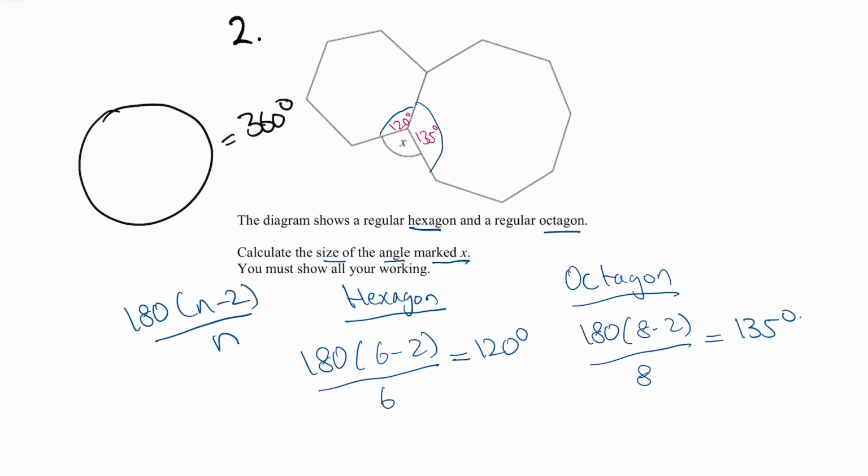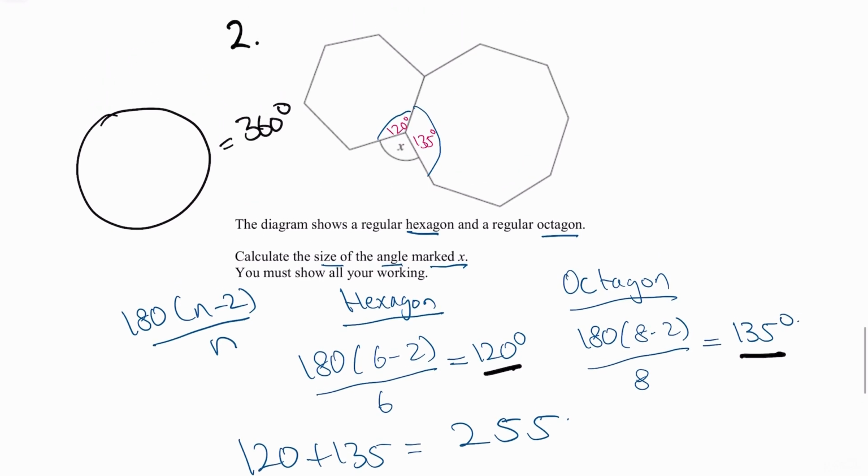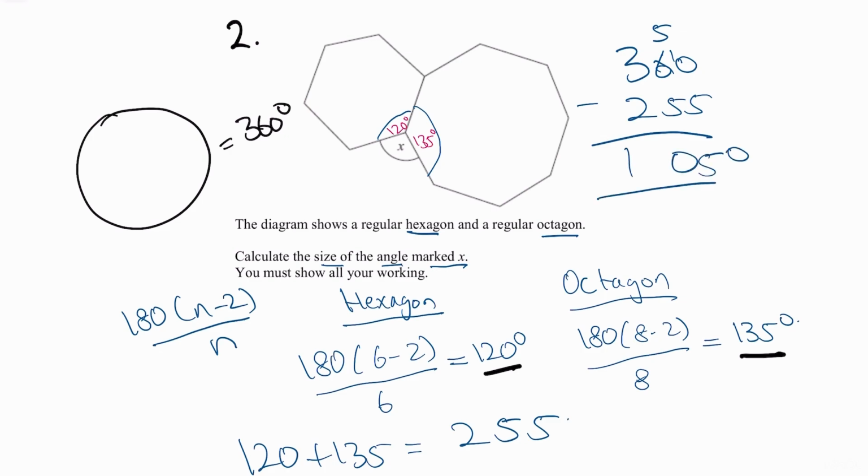So if we add these two together and then take away from 360, we should get our answer. So let's do 120 plus 135, which gets us 255. And now if we do 360 minus 255, that will get us 105 degrees, and that is our final answer.